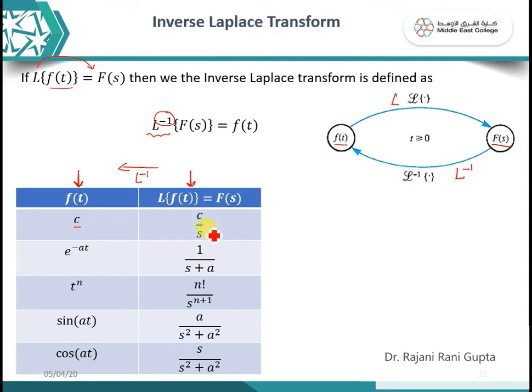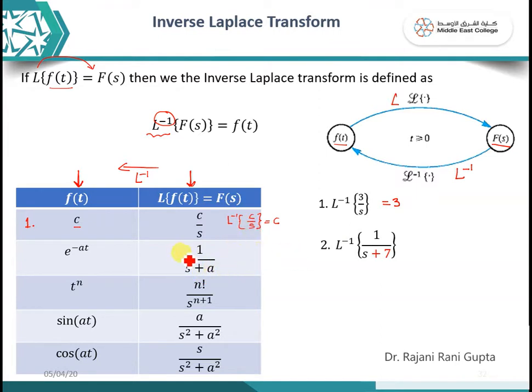Now for the inverse Laplace transform, we say that Laplace inverse of C over s is C. So for example, if we have to find the Laplace inverse of 3 over s, this rule says Laplace inverse of constant over s is that constant. Since 3 is a constant, it gives you 3.